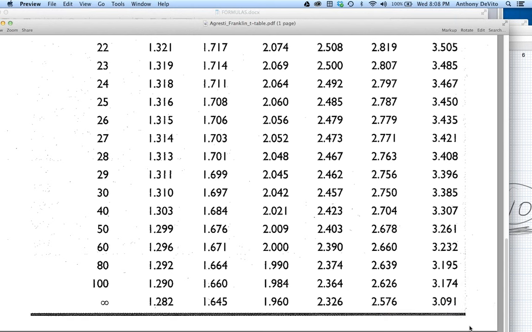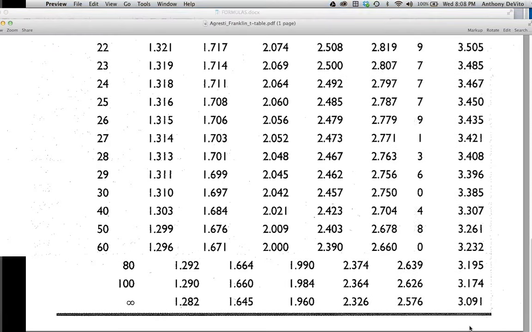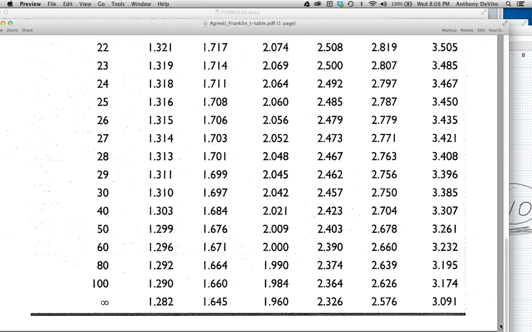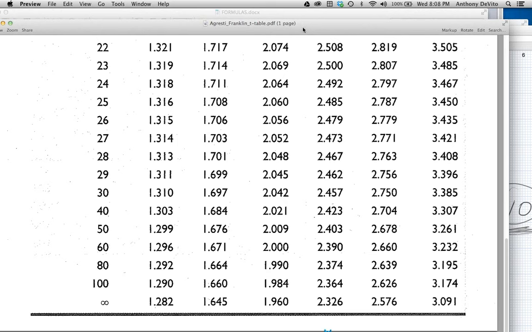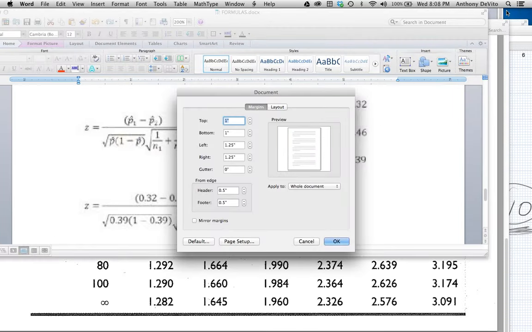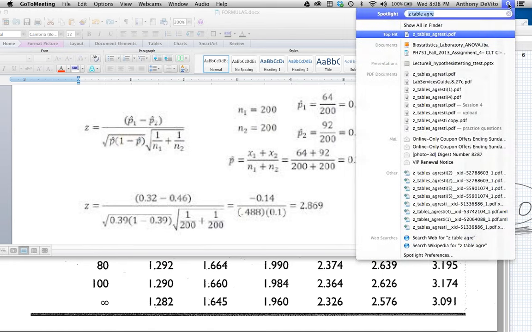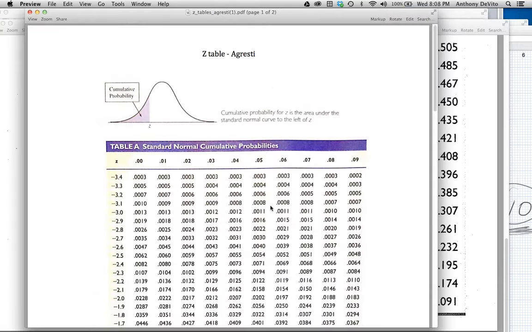Let's see if I can get to this thing. Nope, I can't get to it that way. I used to be able to, what do I have to do? Maybe that or that. There it is. That's how we do it. Okay, I think this is it here. Nope, that's enough. I have two T tables open. Z table. There it is.